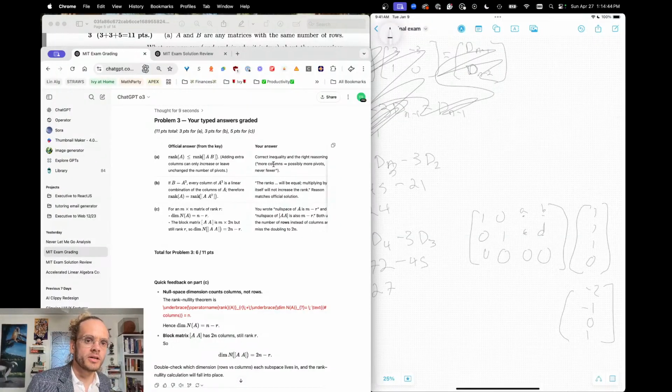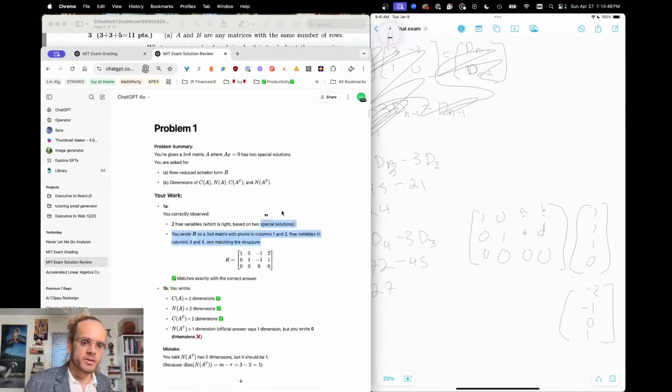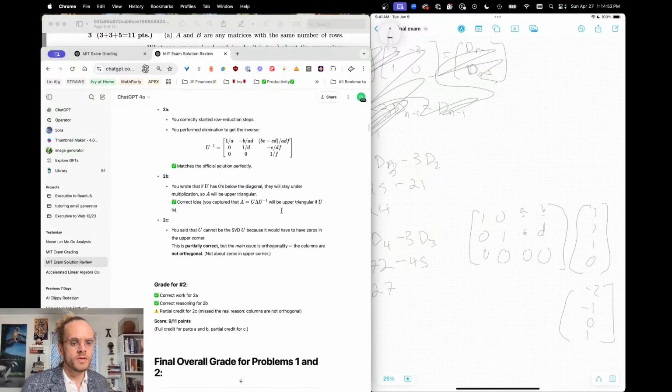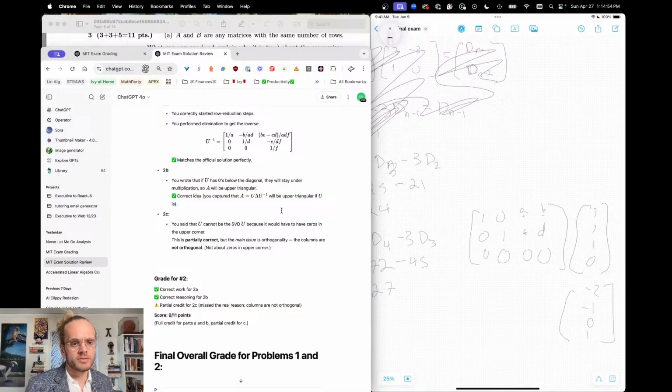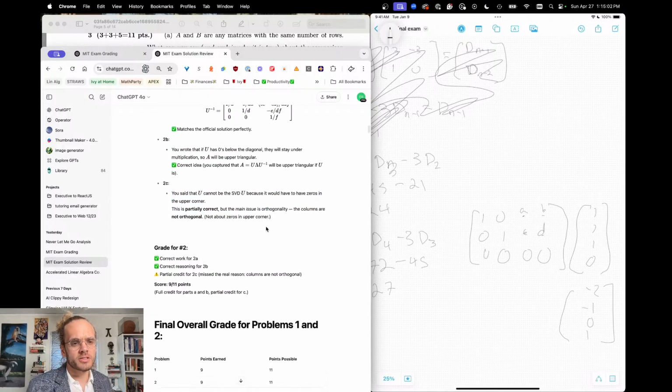So I got 3 out of 3 on both of the first 2 parts. How did this one grade me for that one? Problem 2, I got 9 out of 11 also. Main issues are orthogonality, not about zeros in upper corner.